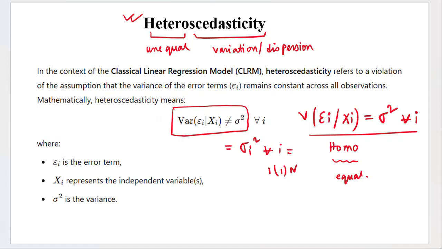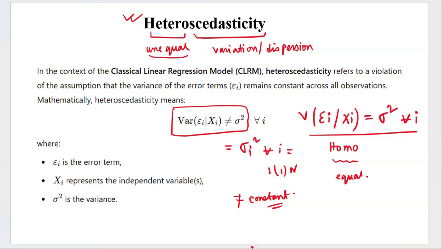If you change i to 2, it will be sigma 2 square, where sigma 1 square and sigma 2 square are not equal. So as soon as you put this suffix i here, this means that this variance is not constant. If it is not constant, it means the error variances are unequal.